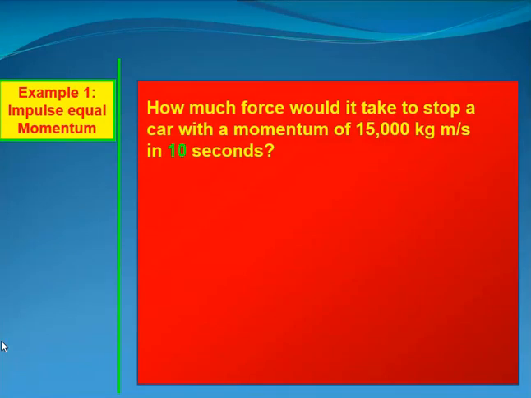So how much force would it take to stop a car with a momentum of 15,000 kilogram meters per second in 10 seconds? So you're looking for a force. The mv_i, or the momentum, is 15,000 kilogram meters per second. The time is 10 seconds. So you can simply write the equation Ft equals mv_i.